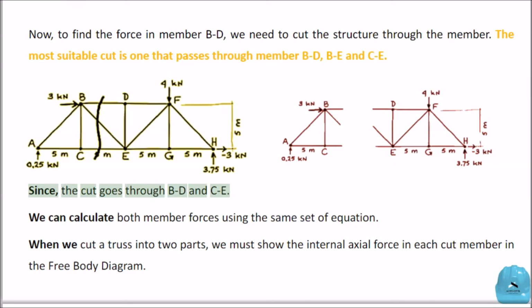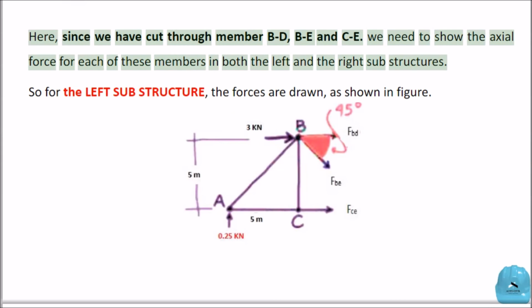Since the cut goes through BD and CE, we can calculate both member forces using the same set of equations. When we cut a truss into 2 parts, we must show the internal axial force in each cut member in the free body diagram.